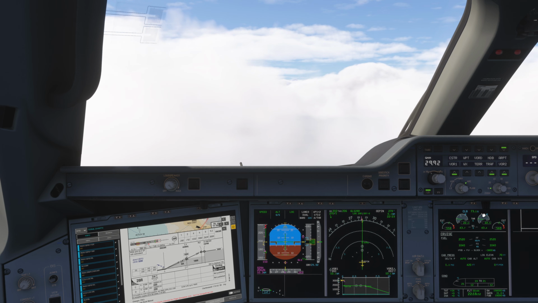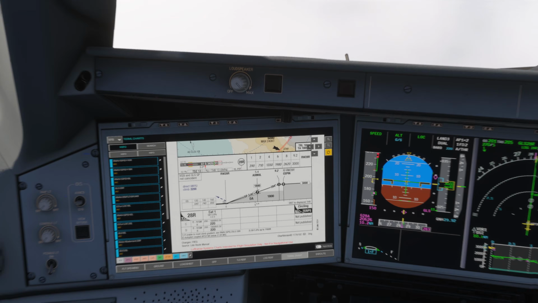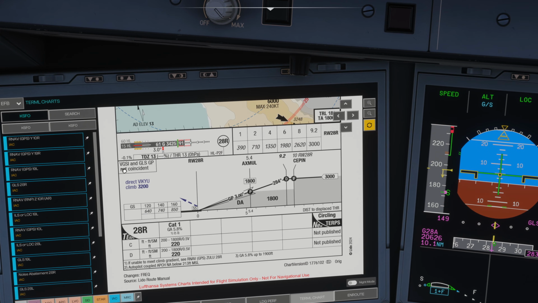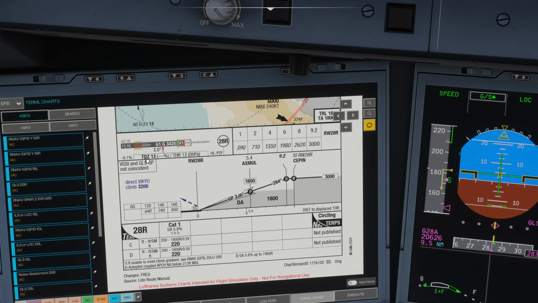So, flaps 1, speed checked, flaps 1. It is worth reading the charts, by the way. For example, over here, we can see that the VGSI, fancy term for a PAPI, and the GLS glide path are not coincident.